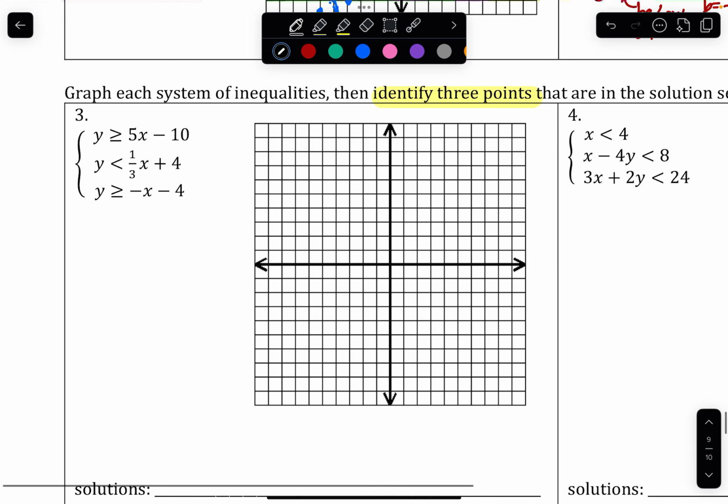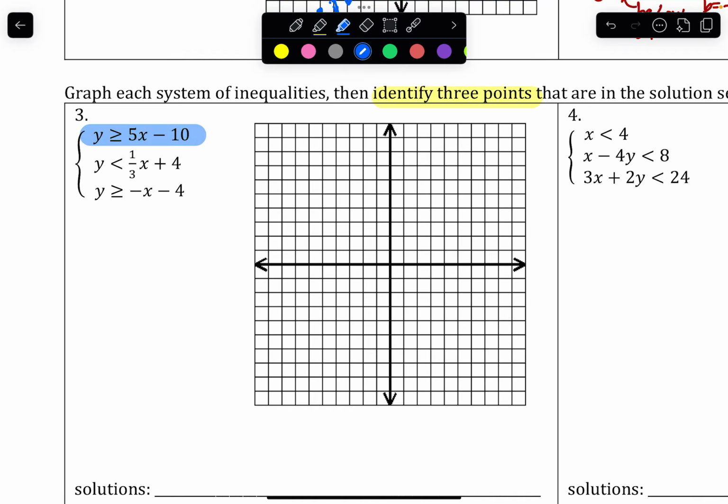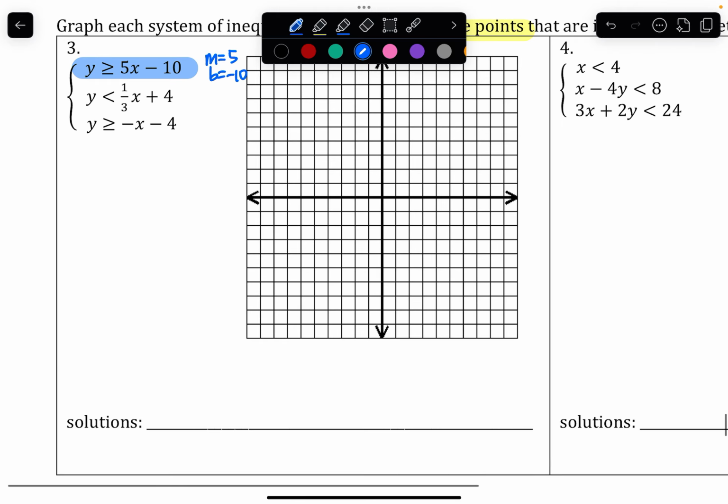Okay, so looking at our first inequality, it's in slope-intercept form. We have a slope of 5 and a y-intercept of -10. So we're starting at -10, way at the bottom. And then we are going to rise 5, run 1.